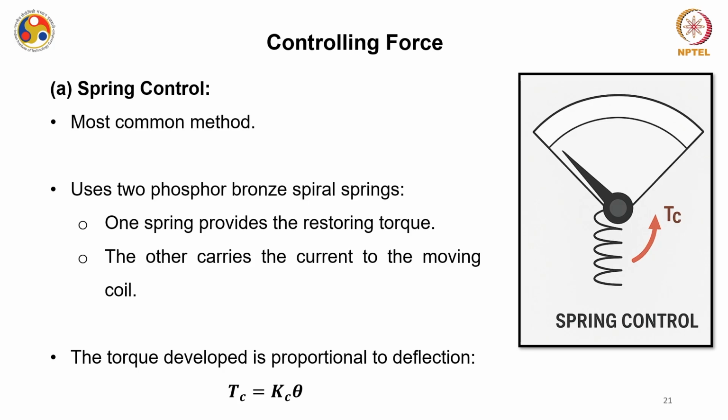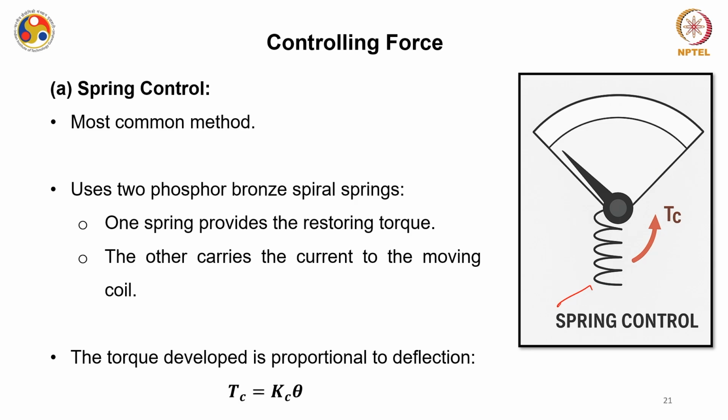Spring control is the most commonly used methodology in the current scenario, and it basically uses two phosphor bronze spiral springs. One spring provides the restoring torque and the other carries the current to the moving coil. We will take this flow of current and other things in detail when we talk about these instruments.